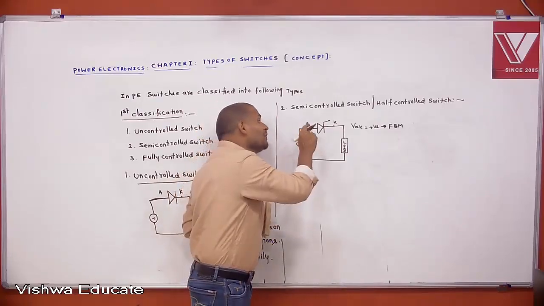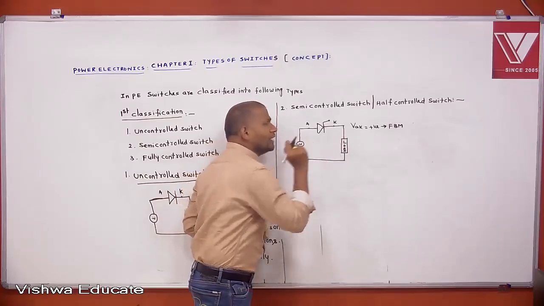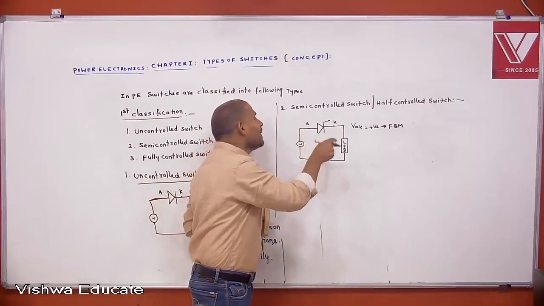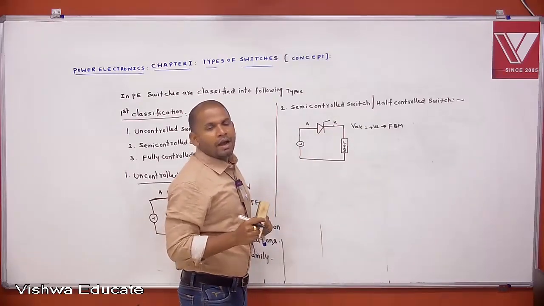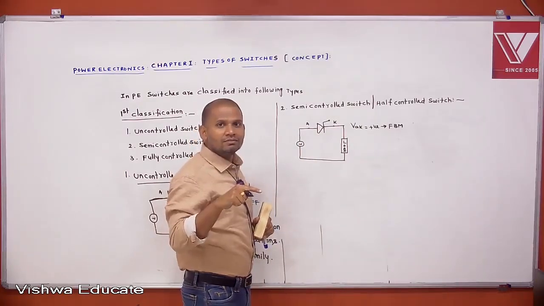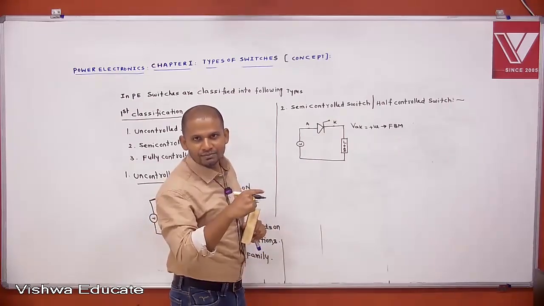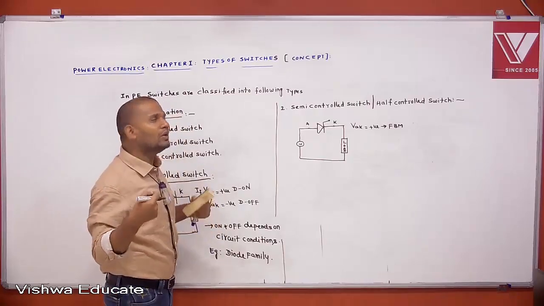But when the thyristor will turn off depends on supply and load condition. That's why on depends on the control signal, that is the gate signal, and off depends on circuit conditions. That's why it is a semi-controlled switch or semi-controlled device.